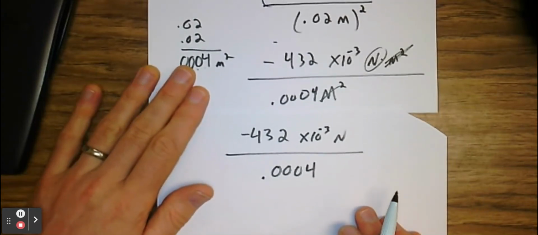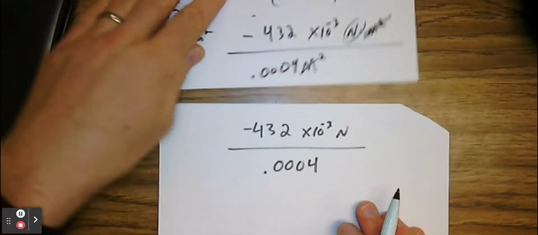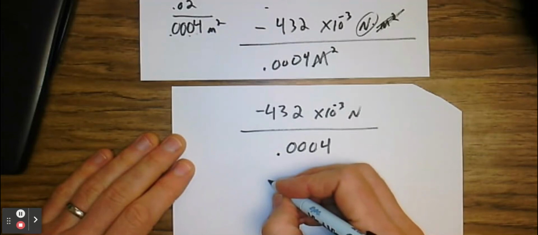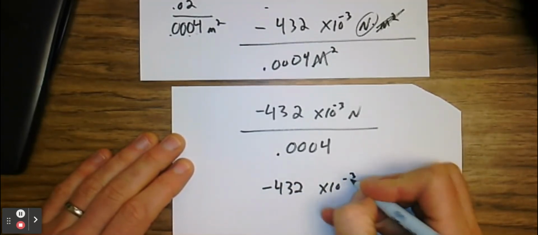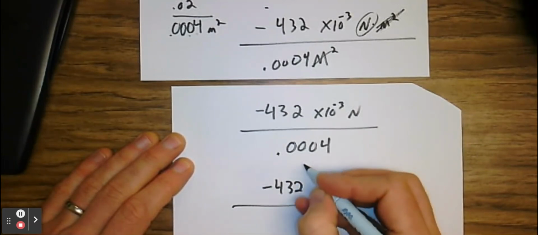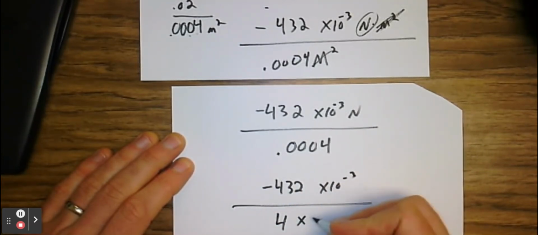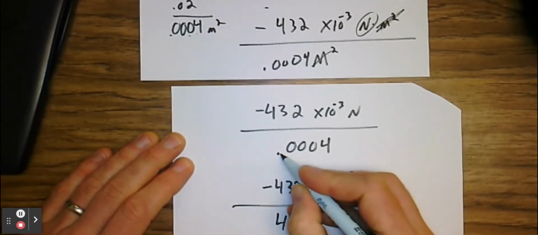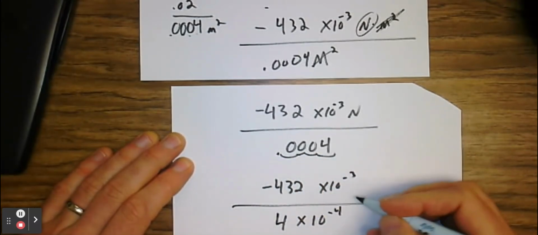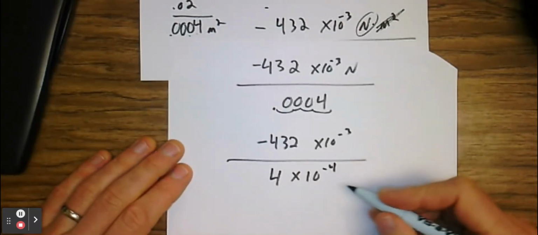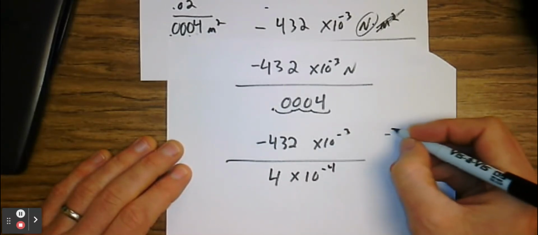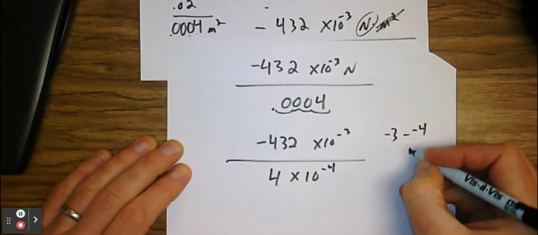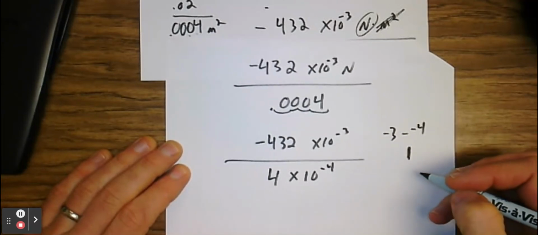I said simple, that doesn't necessarily mean it's easy. So this is negative 432 times 10 to the negative 3rd all over 4 times 10 to the negative 4th. With exponents, when you divide, you subtract. So negative 3 minus negative 4 is equal to positive 1.